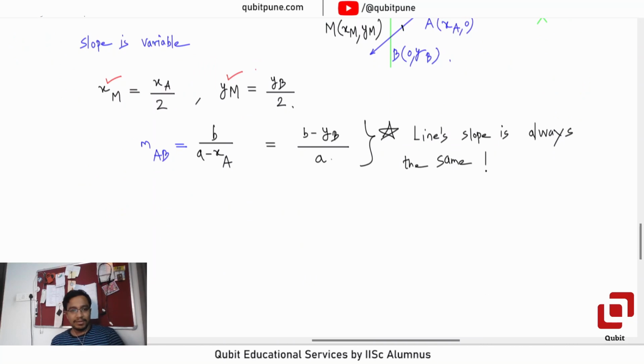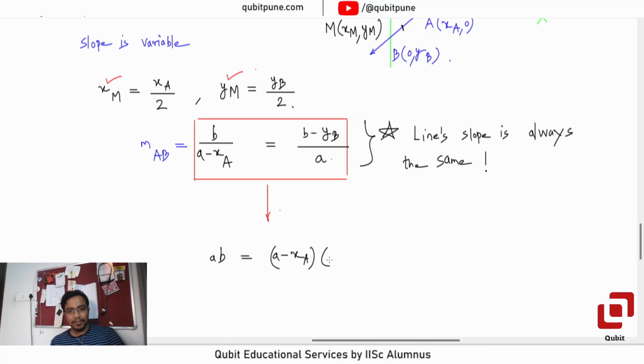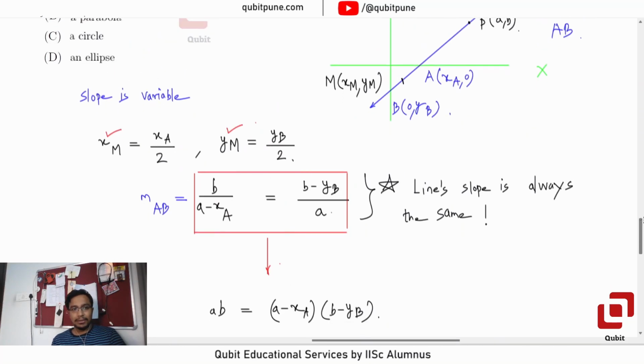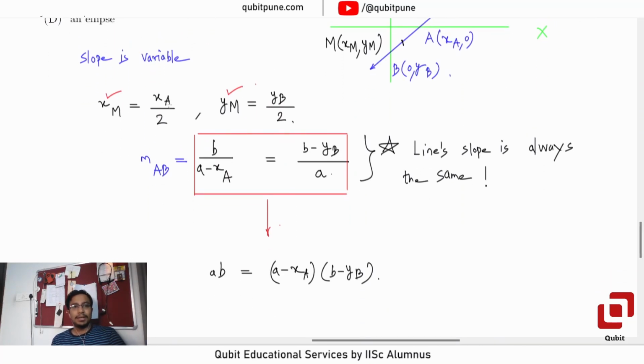What you have to do is continue with these two ratios, and then you can cross multiply to get ab equal to (a minus xa) into (b minus yb), and then you can recall that xa is 2xm and yb is 2ym.